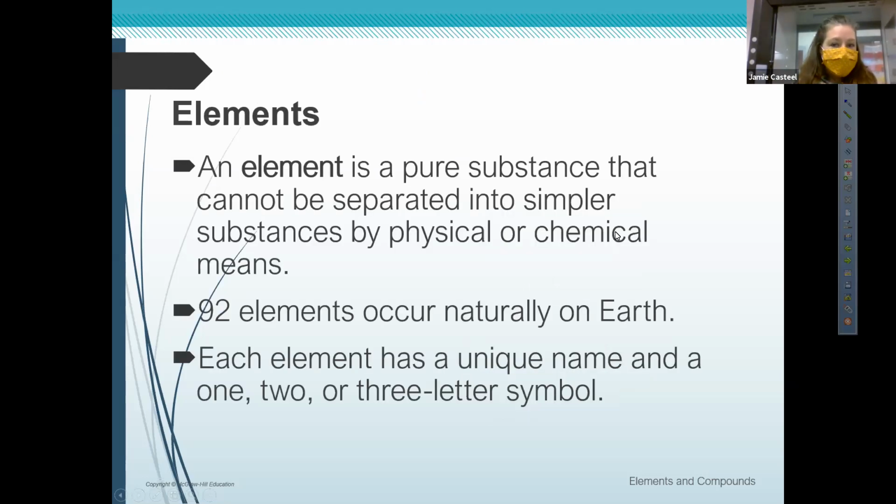All right, an element. An element is a pure substance that cannot be separated into simpler substances by physical or chemical means.